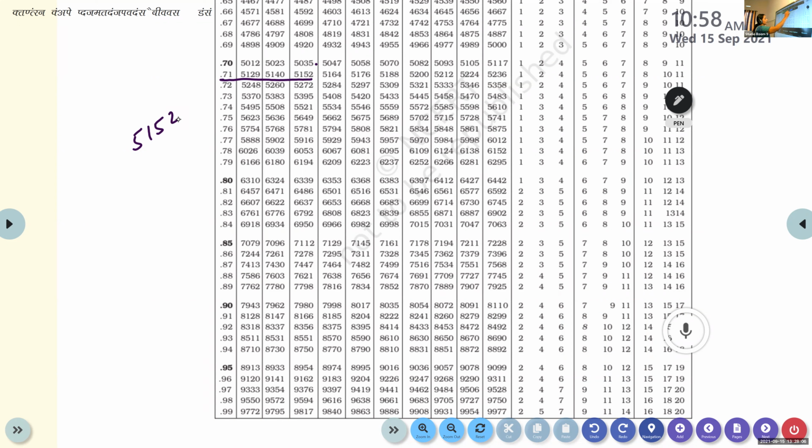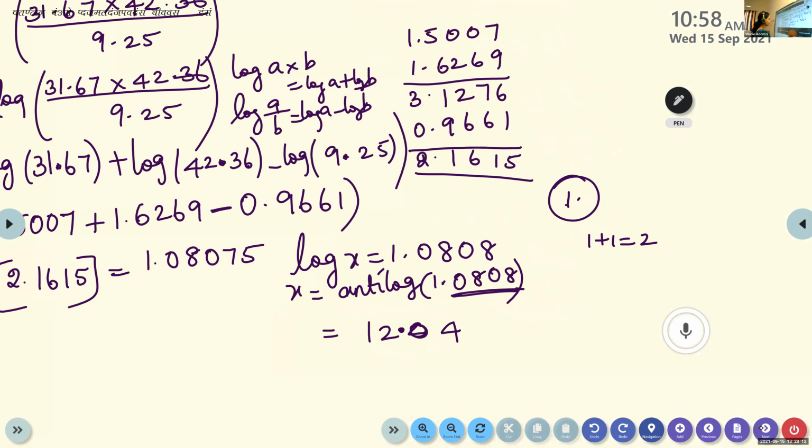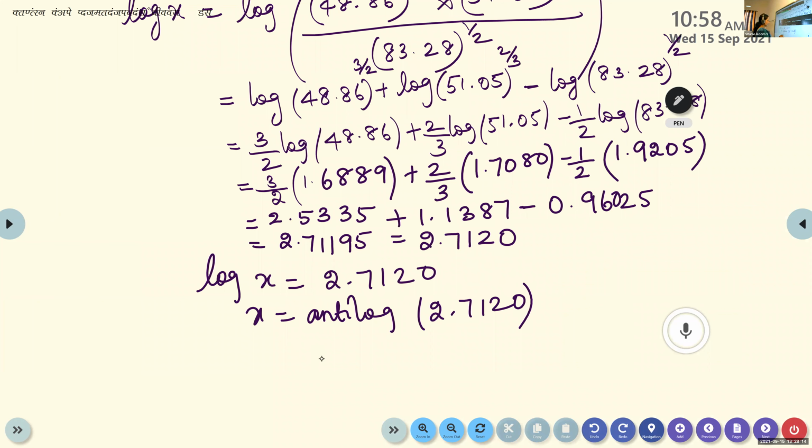So here before the decimal we have 3 places, so we have to shift the decimal 3 places. So 515.2.